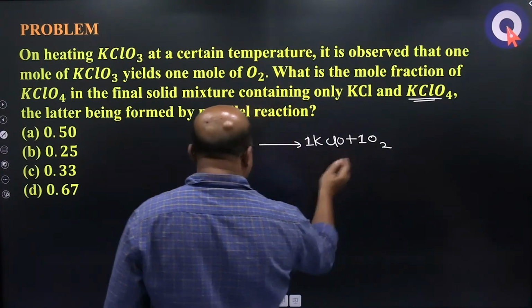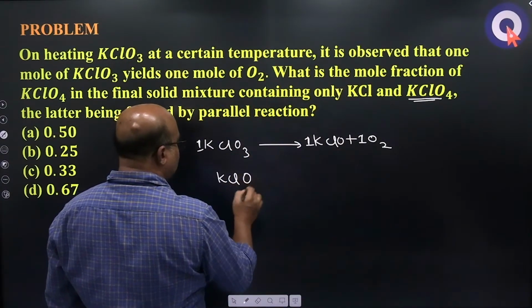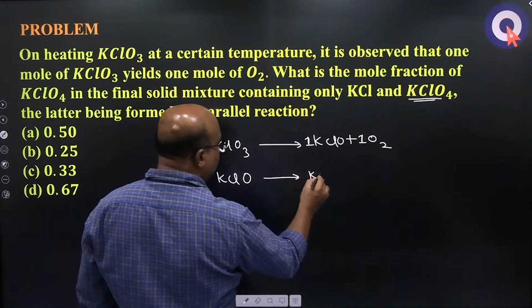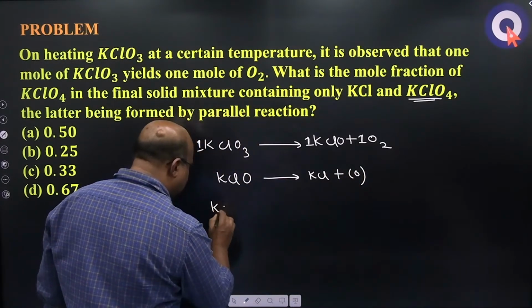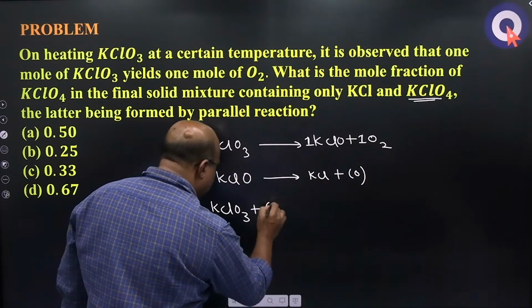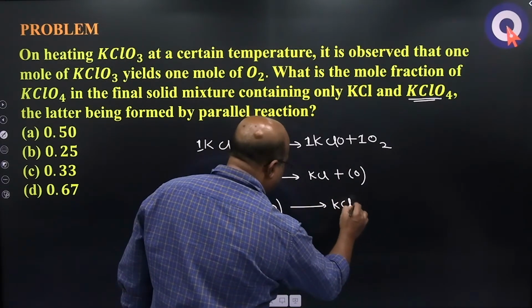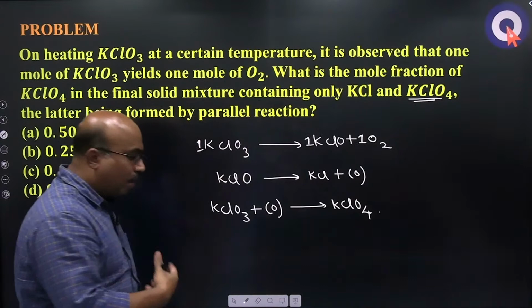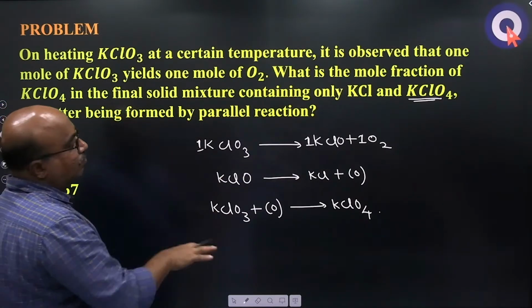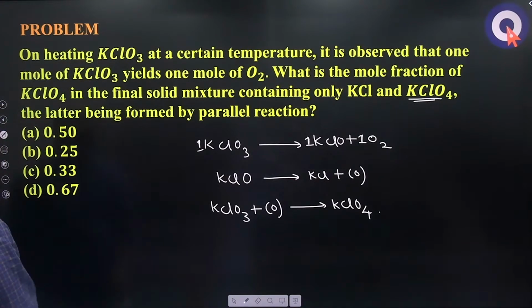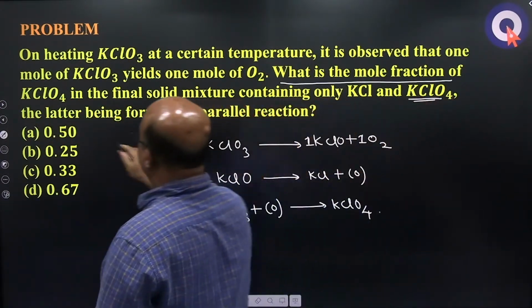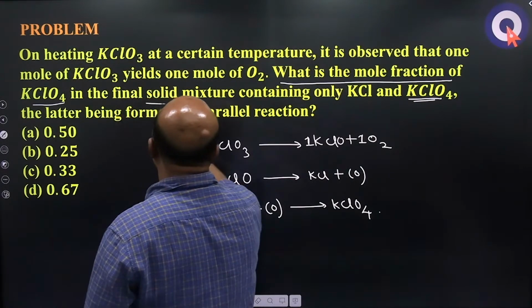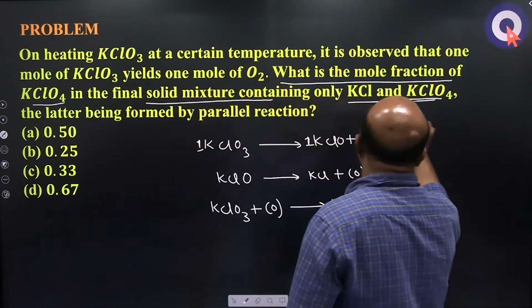But as we see, KClO is an unstable compound, which generally tries to convert into KCl plus O, which simultaneously may oxidize KClO3 into KClO4. So these might be the reactions involved. What he is asking is the mole fraction of KClO4 in the final solid mixture having these two.